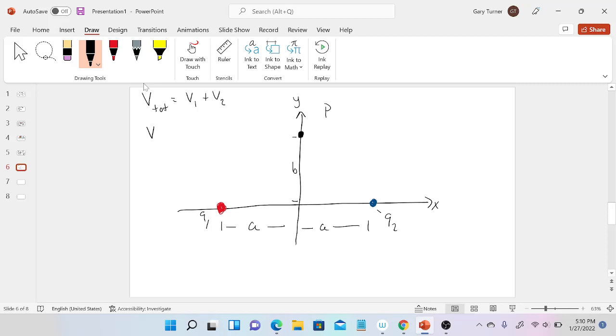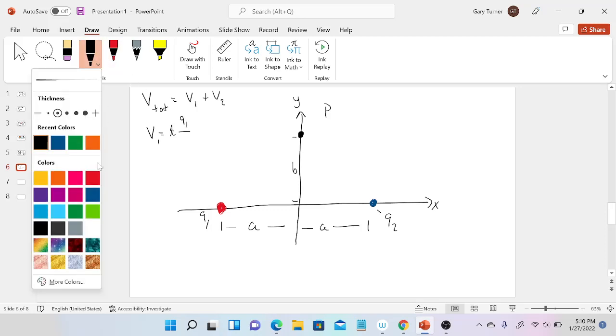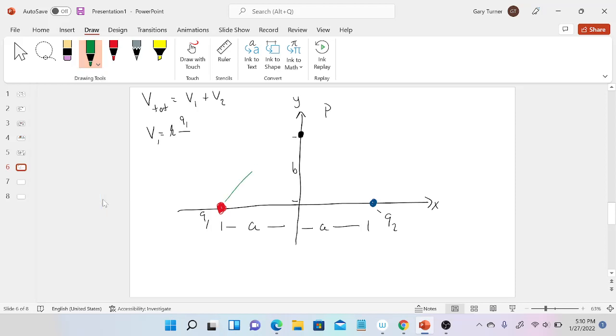Well, V1 is going to equal KQ1 over R1. This is R1, this is R2.